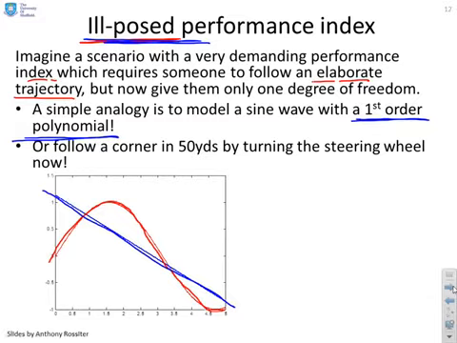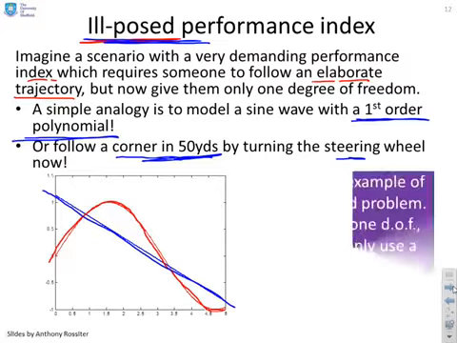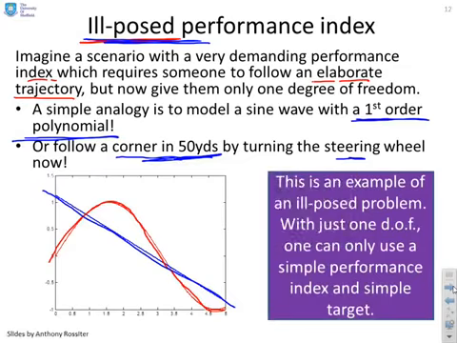An alternative would be to say, can you follow a corner in 50 yards time by turning the steering wheel now? And of course you say, well no, I've got to turn the steering wheel in 50 yards time, not at this point in time. And what you've got there is a mismatch between the degrees of freedom you've allowed yourself, when you can turn the steering wheel, and where you actually need the turn to take place. So these are examples of ill-posed problems.